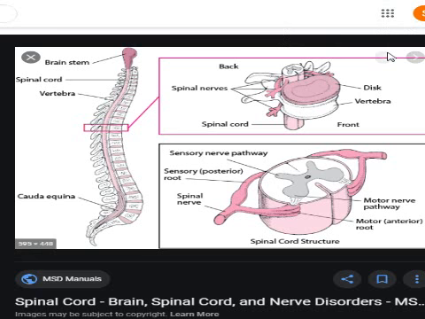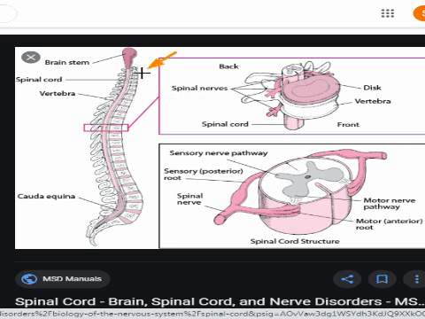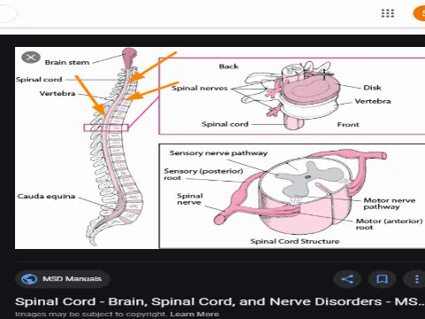So this is what I was trying to explain, that this is your spinal cord. This pink area is your spinal cord. The white parts are the vertebrae, and inside the vertebral column your spinal cord is enclosed, and the nerves are originating and connected to the spinal cord.